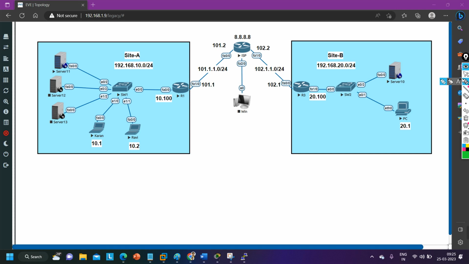The video length may be large, so if you want to learn everything about network address translation, make sure you watch this video till the end. Then only you can understand everything. And I am damn sure, guys, if you watch this video till the end, you don't need to watch any other video to understand NATing, network address translation.